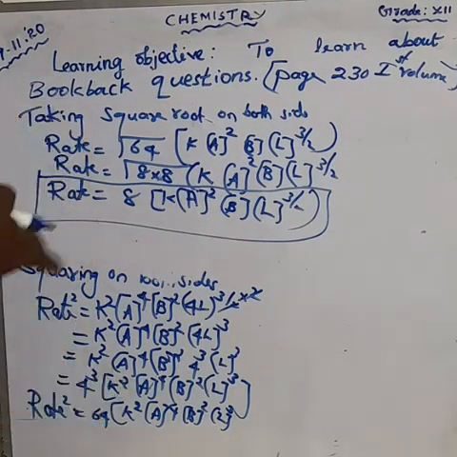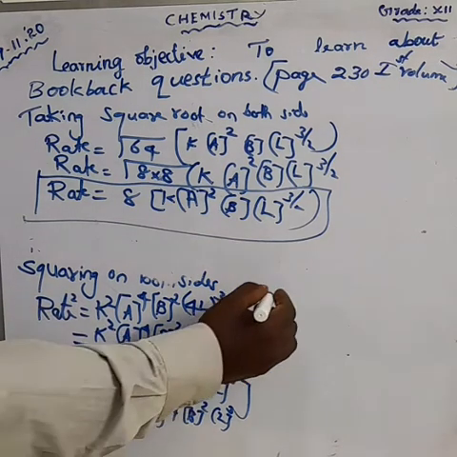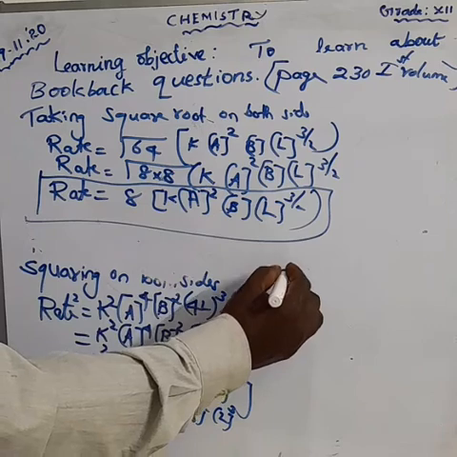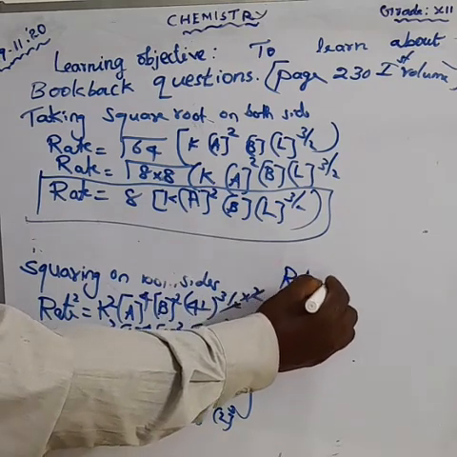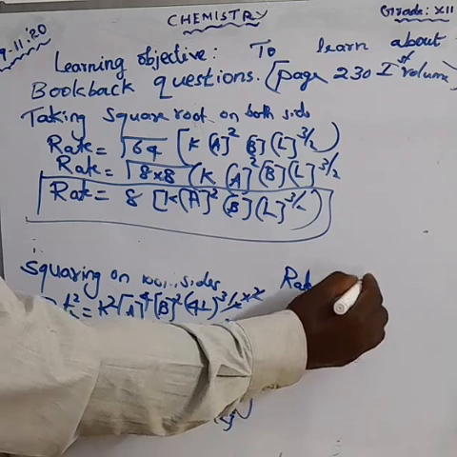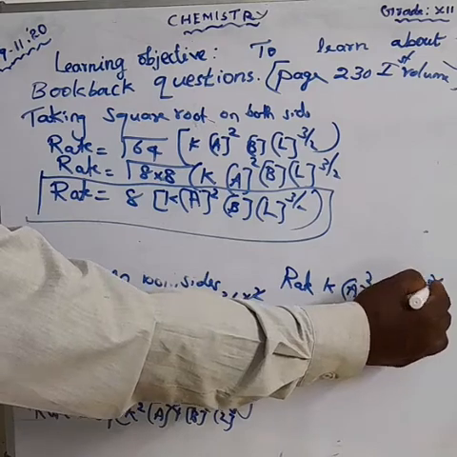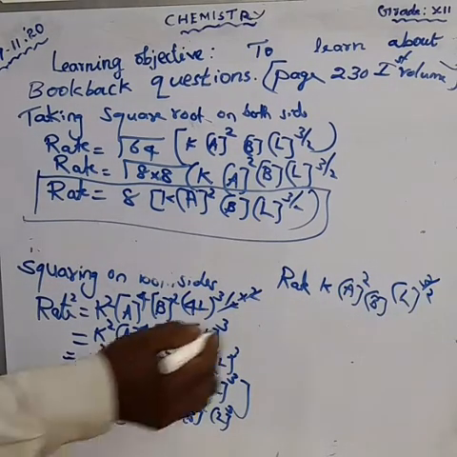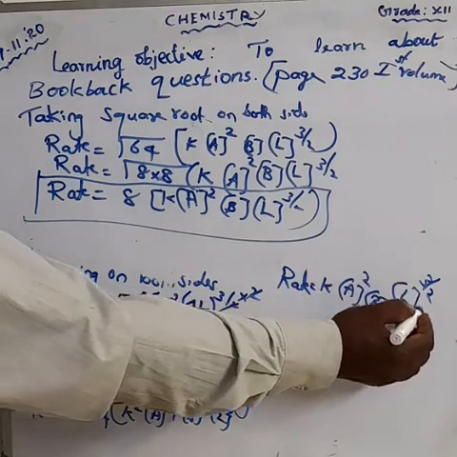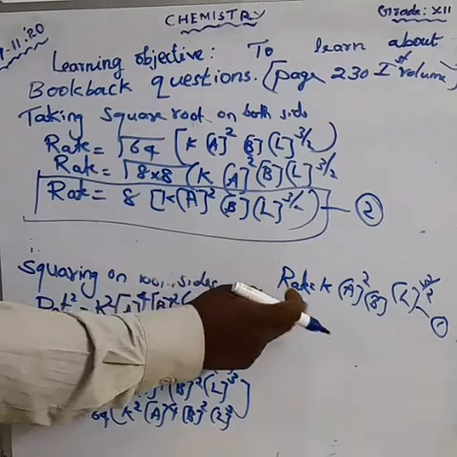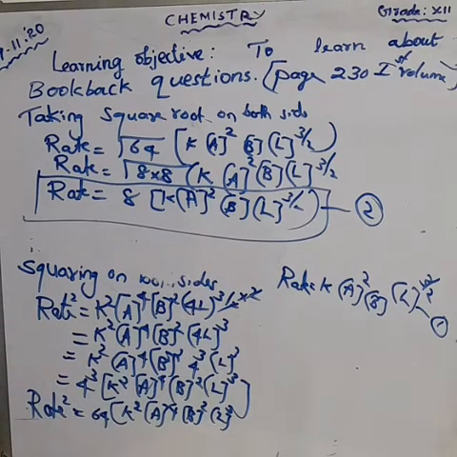Okay, previously you wrote in the question the rate formula, the first starting beginning we write. What's about the formula? Rate equals K A square B L 3 by 2. Am I right? This is taken as equation number 1. This is taken as equation number 2. The beginning we wrote rate formula, that is equation 1. Here this is equation number 2.